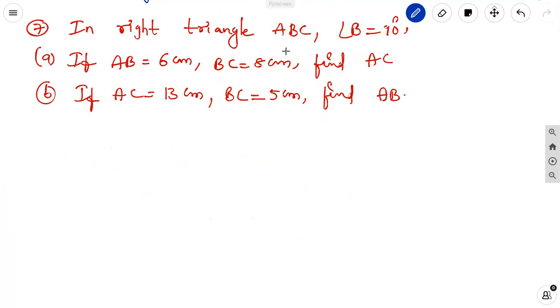In right angle triangle ABC, this is the right angle triangle.